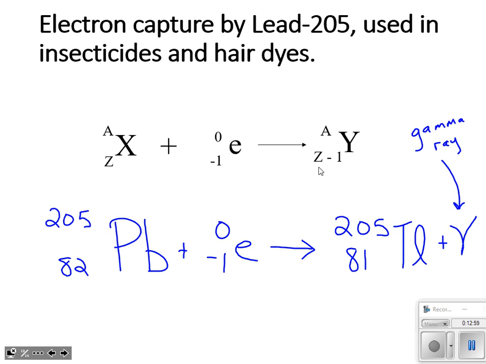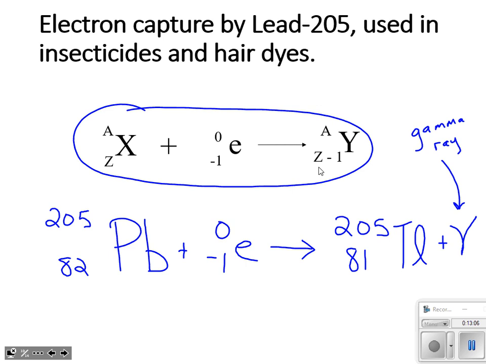Now, I'm not so concerned that you know that. I'm more concerned that you know this equation right here. But you just need to recognize, I say, not know, recognize, if you see this, you know what it is. It's a gamma ray. All right?